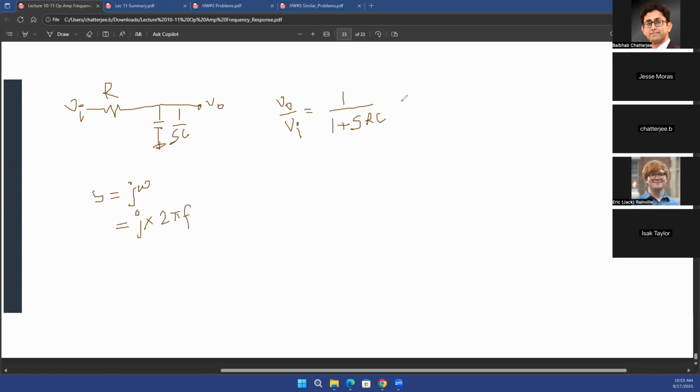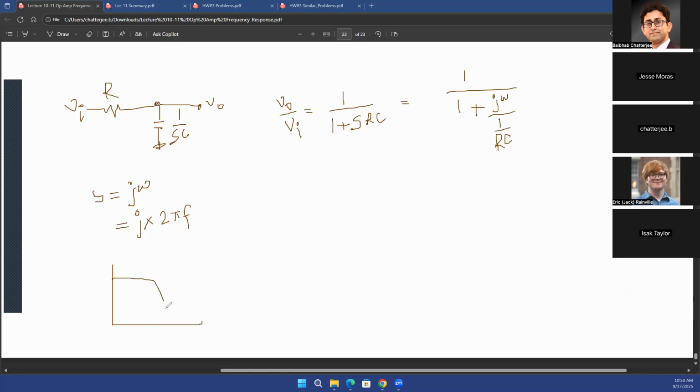Now you can write this equation as 1 over 1 plus J omega divided by 1 over RC. Right? So S is equal to J omega, and instead of multiplying RC with S, you're just dividing omega with 1 over RC.